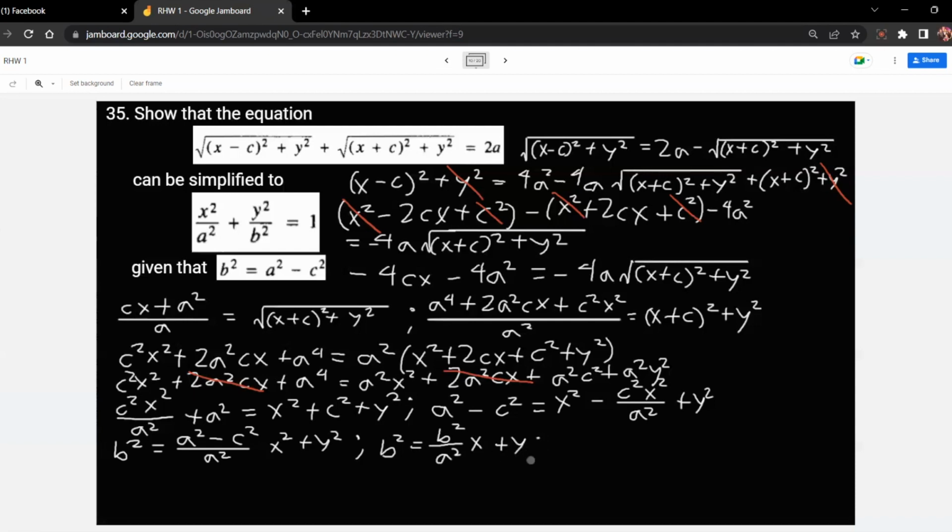Kaya x squared at saka y squared yan, di ba? Factoring. So divide by, and then we get b squared. Ayan, set. Yeah. So it did not take 3 pages.